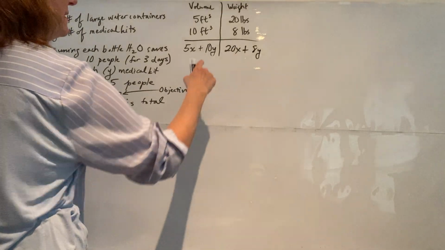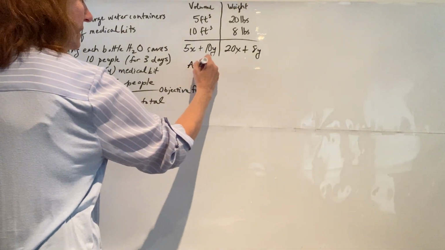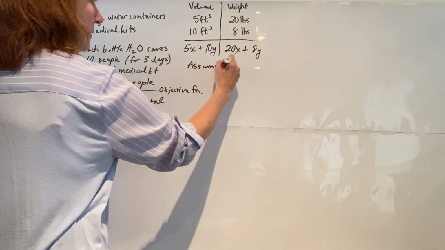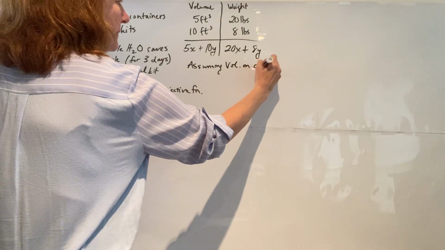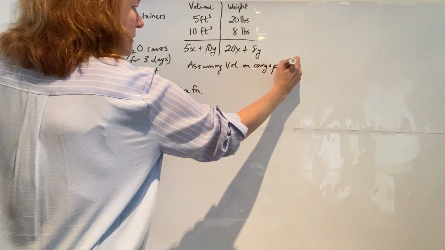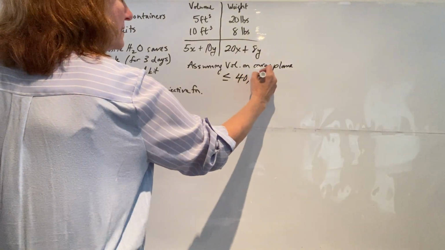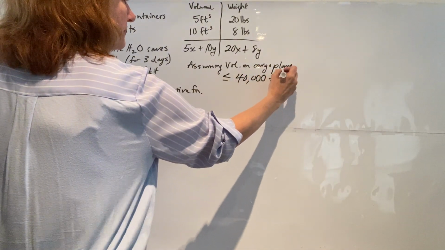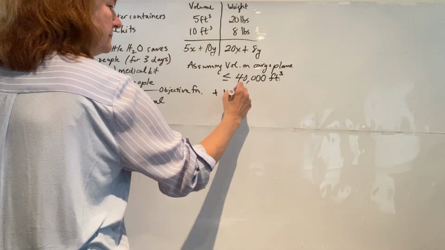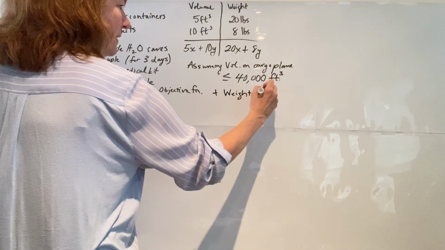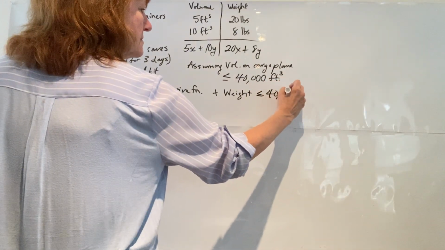All right, so what are the constraints of the plane? Let's assume that, so we're making an assumption here. Assuming volume on the cargo plane has to be less than or equal to 40,000 cubic feet, and weight on the cargo plane has to be less than or equal to 40,000 pounds.